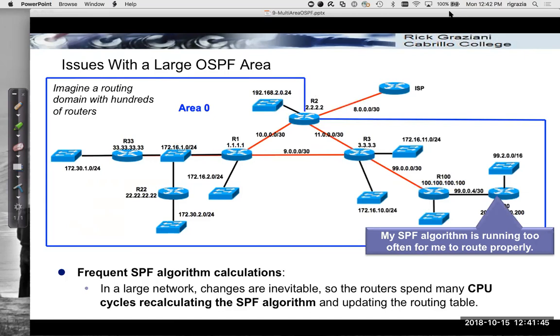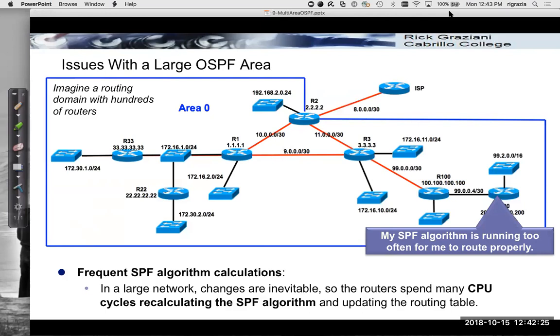Frequent in terms that any change in the topology, any change in this routing domain is going to cause all the routers in the routing domain to recalculate the SPF algorithm. And if we had a flapping link someplace or a network that was coming up occasionally or going down occasionally, or changes being made, it would mean all the routers, could be dozens, hundreds of routers in this routing domain, having to recalculate the SPF algorithm.